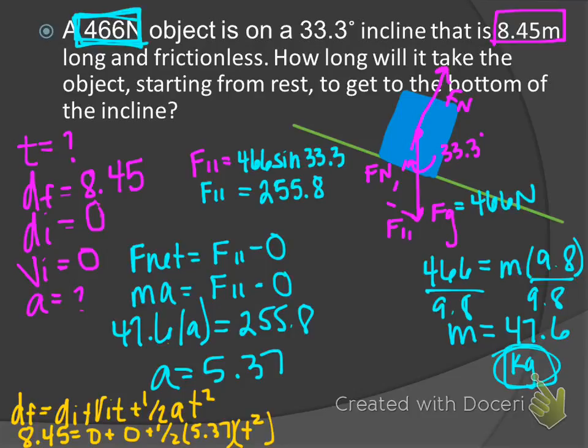So divide by 1/2, divide by 5.37, or multiply those first, then divide. And then square root that. Okay. What did we get our time to come out at?